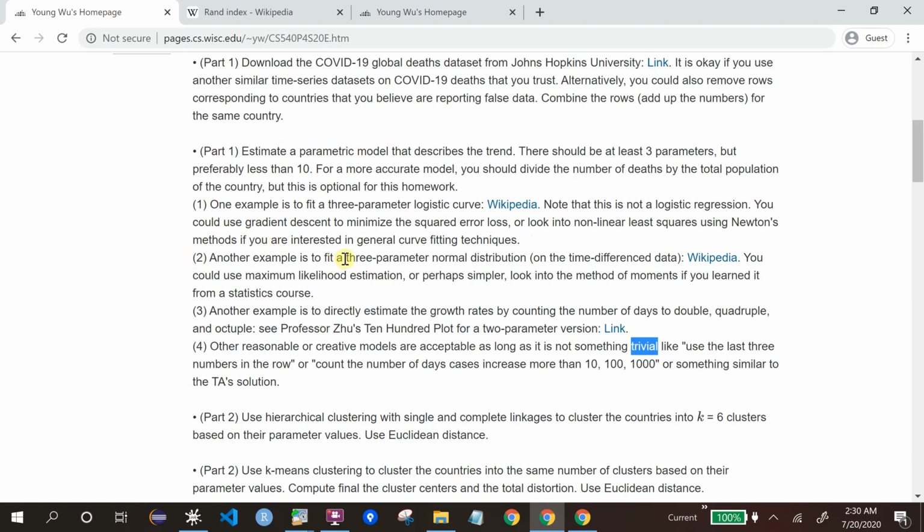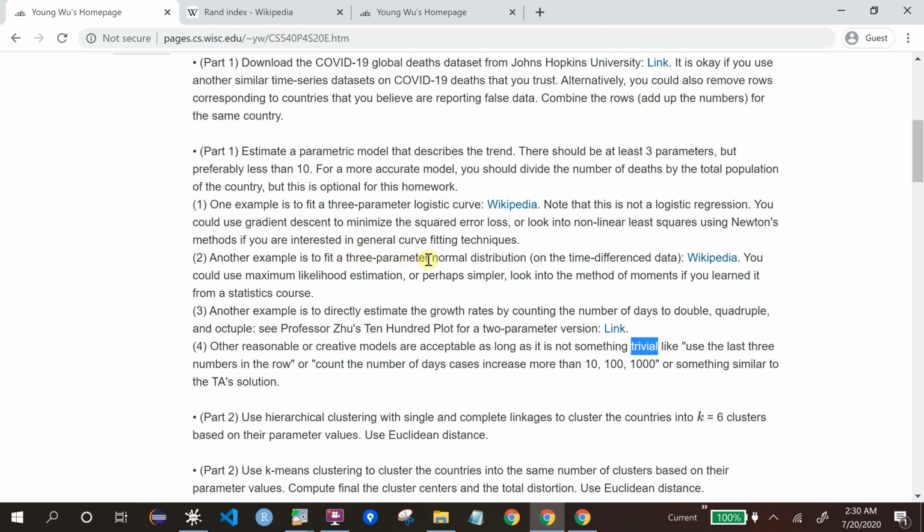And the second one may sound a bit complicated, but I'm not specifying which parameters you need to use for the normal distribution. So I think the standard parameterization is mu, sigma, and beta. So they are the mean, variance, and scale parameter. So it may be difficult to compute the scale parameter, but as I said, you don't need to use that parameter.